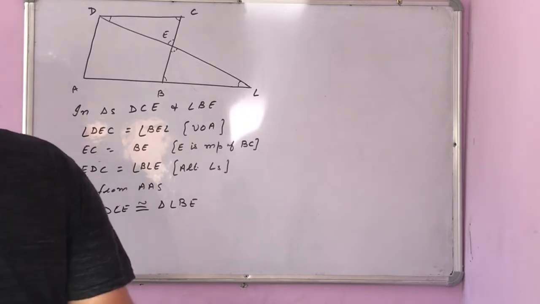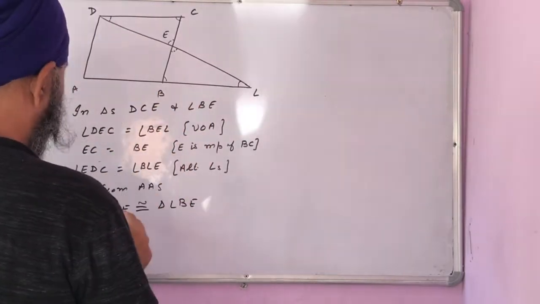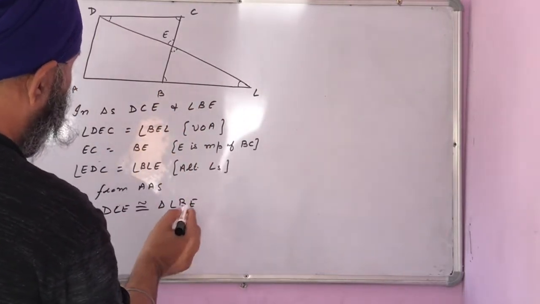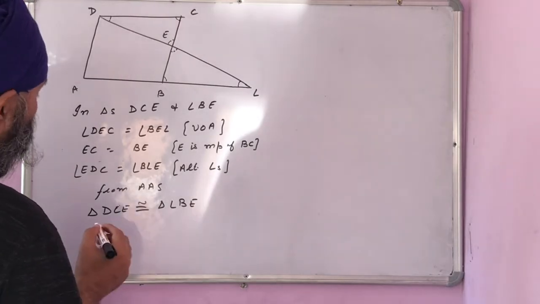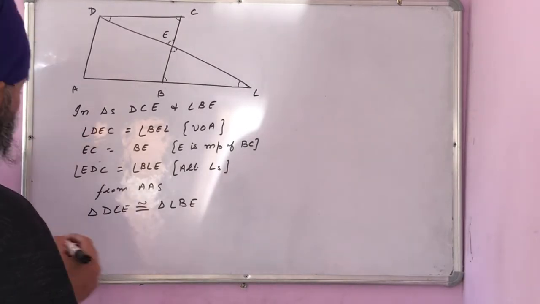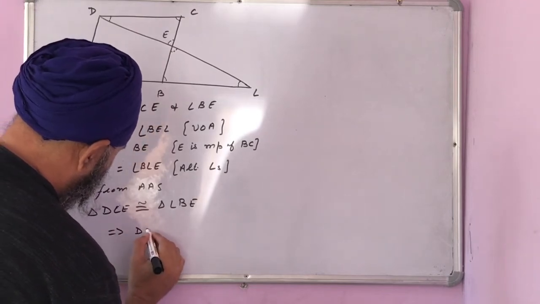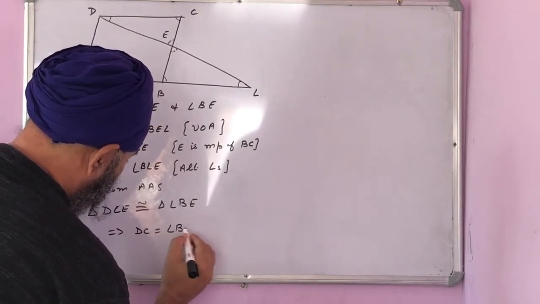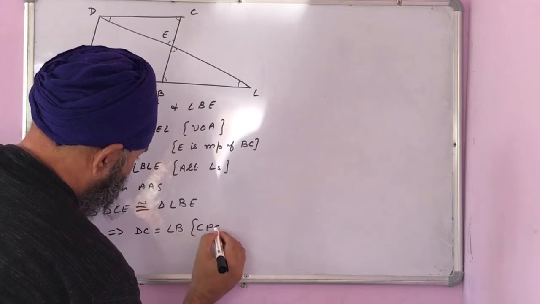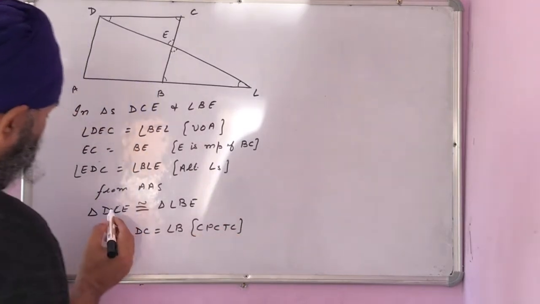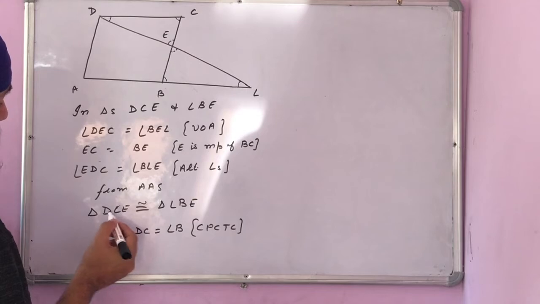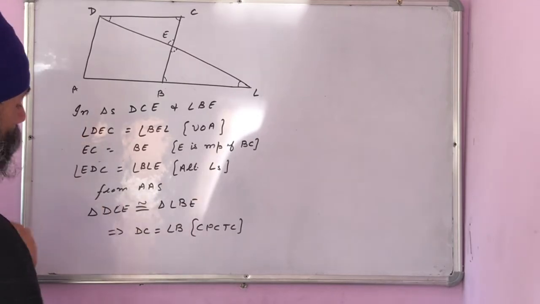Then second, AB is equal to BL. Now DCE is congruent to LBE. That means DC is equal to LB, CPCTC, corresponding parts will be equal.